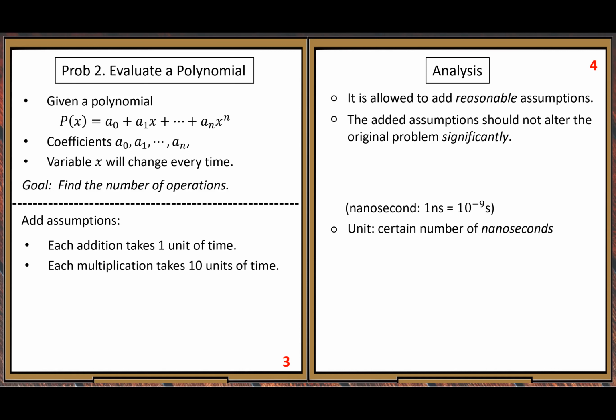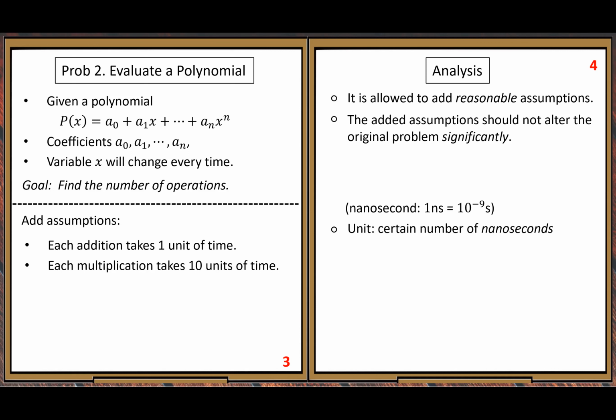Each multiplication takes 10 units. That's an approximate assumption, a 1 to 10 ratio. That's what I mean by reasonable assumption. It is pretty close to the real world ratio. Close, not exact.